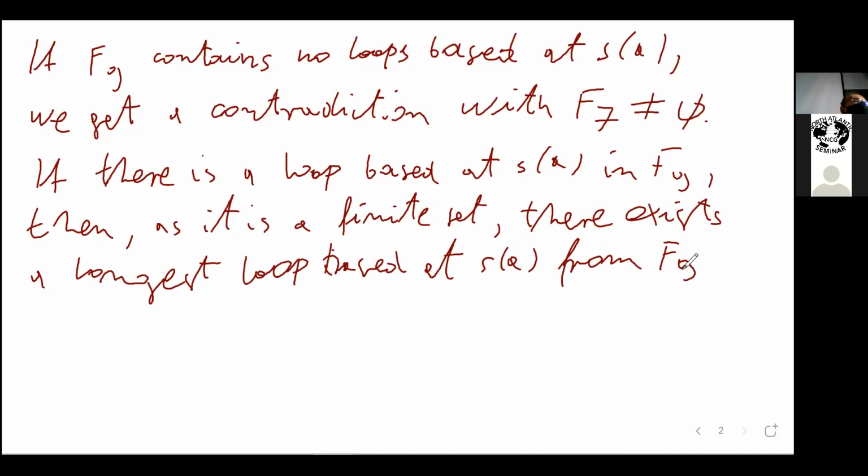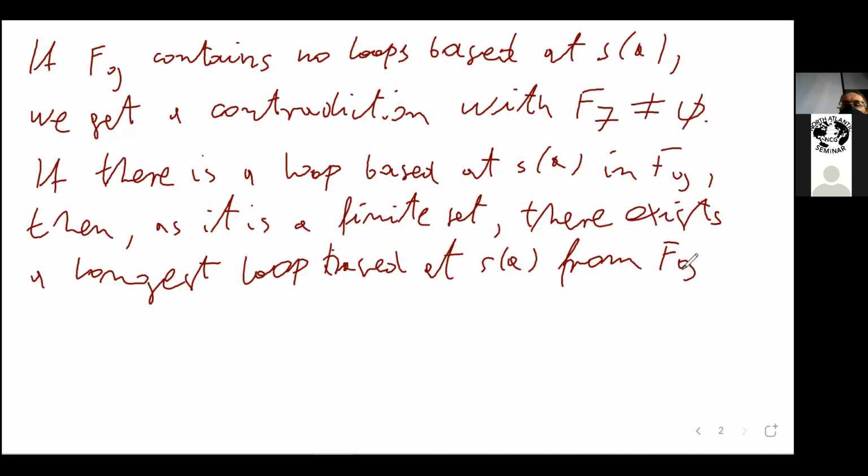Okay. If I have a non-empty finite set, then it meets the maximum. Of course, here is the maximum by the length, right? And it's a longest one because you might have many different loops of the same length, but there exists a longest one.